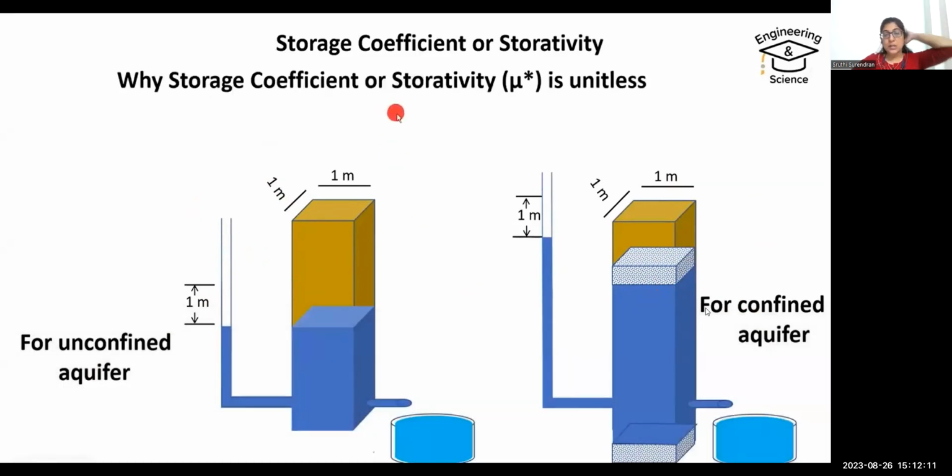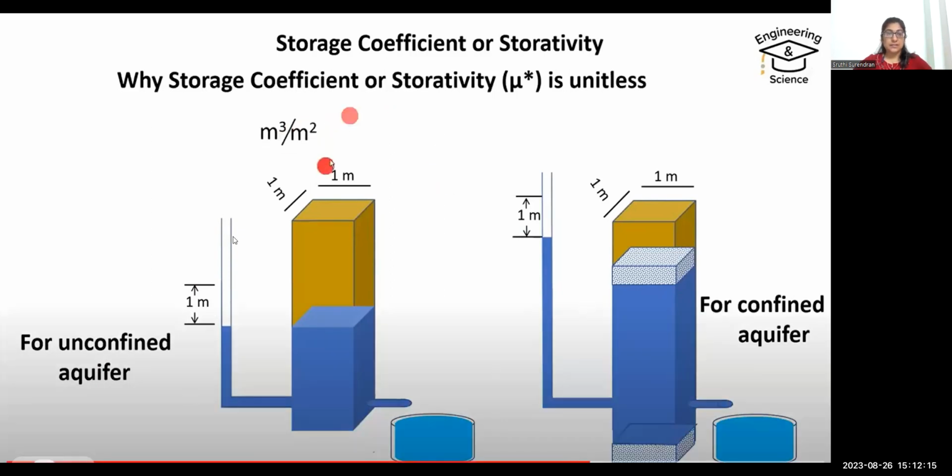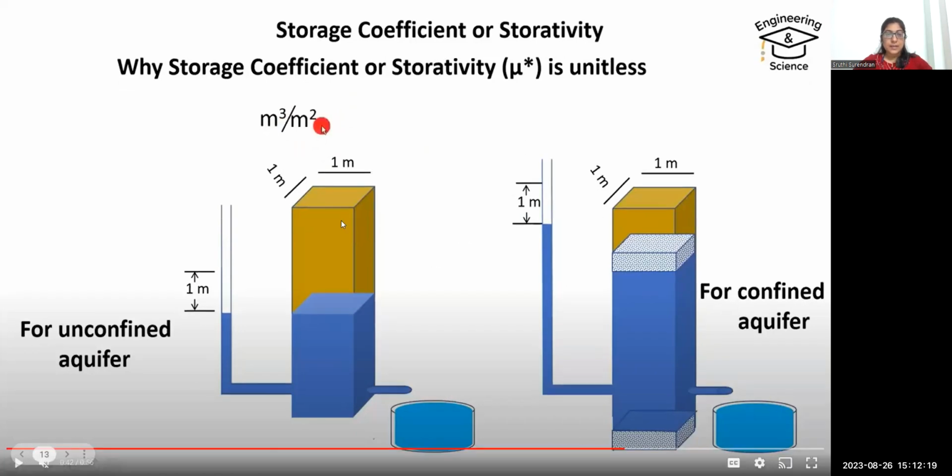Now let's see how it is dimensionless. You can see that the definition of storativity is the volume of water per unit area per unit hydraulic head.